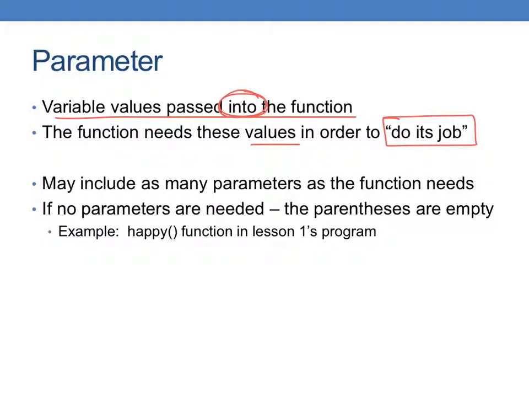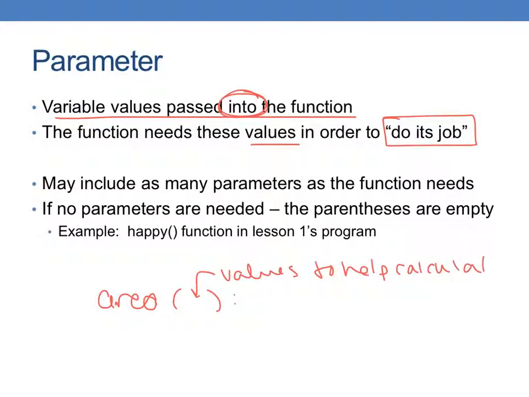So for example, if we had an area function, the area function would probably need some sort of values to help calculate the area. So we would need to pass some sort of values in so that the area function could actually do its job and calculate the area. Anytime we need to pass a value in, that value is called a parameter.